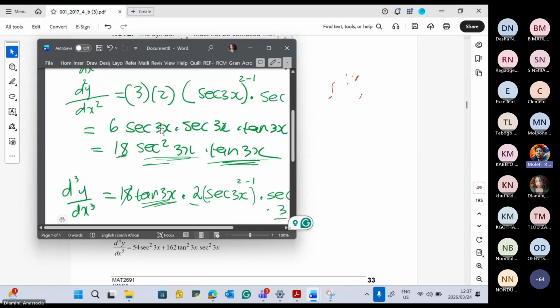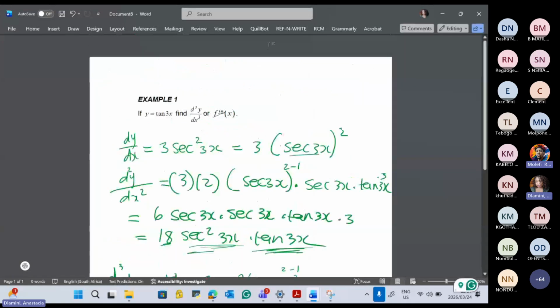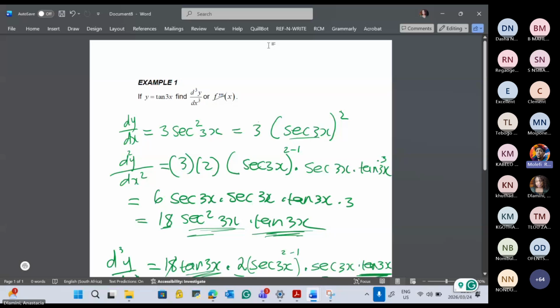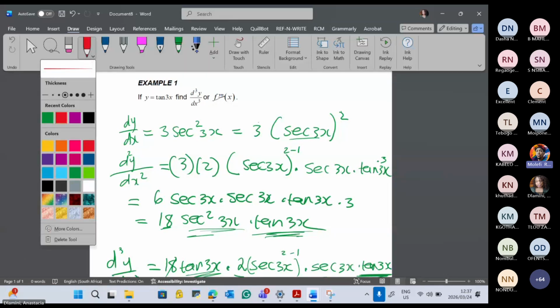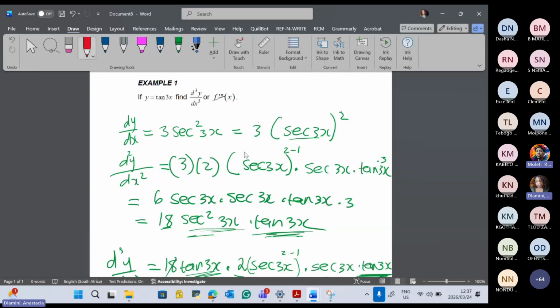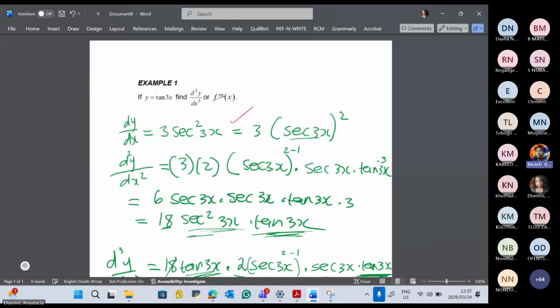Okay, let's look at the first derivative. Are we okay with the first derivative, right? Yes. And then let's look at the second derivative. Is the second derivative correct?